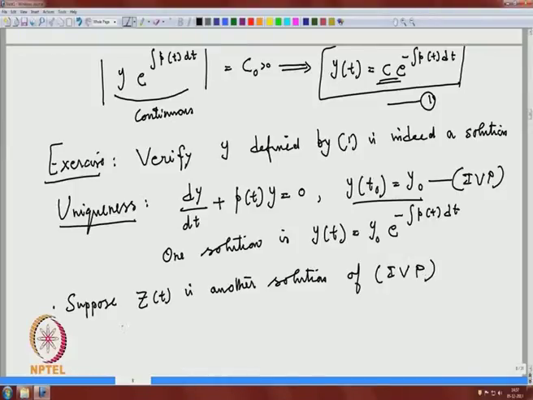Now, it is a simple thing. What do I want to prove? I want to prove z(t) is equal to y(t). The idea is that y(t) is of this form, so I want to bring it here and show that the product is constant, simple as it is.